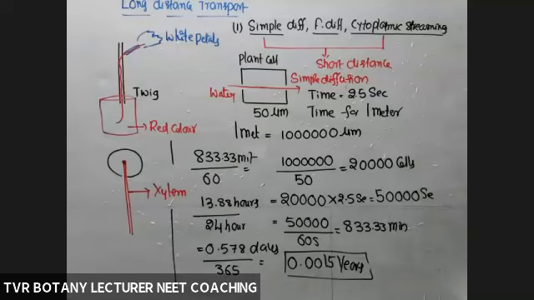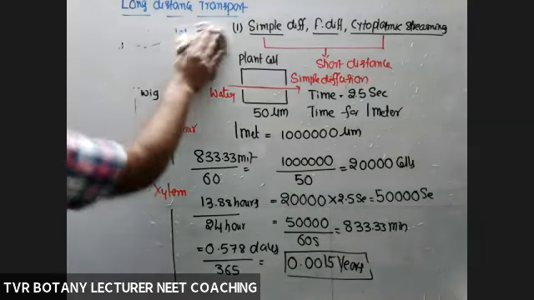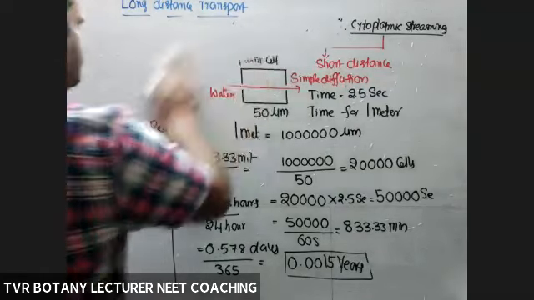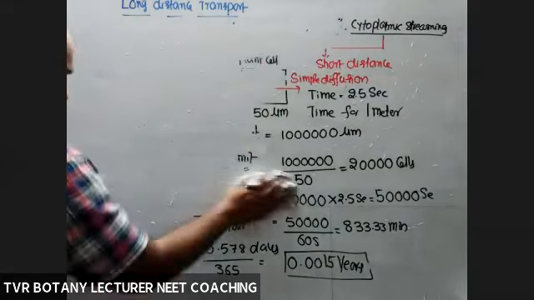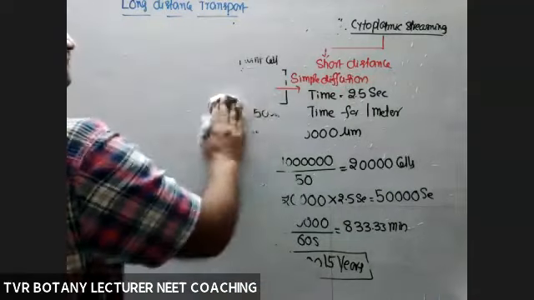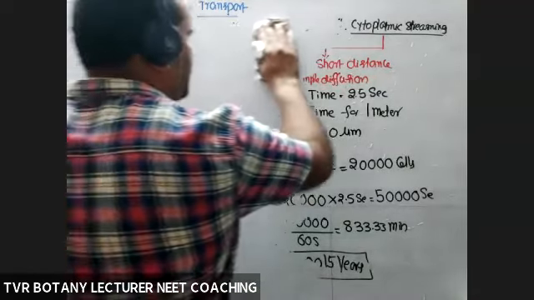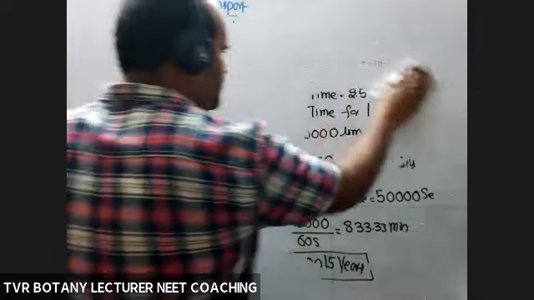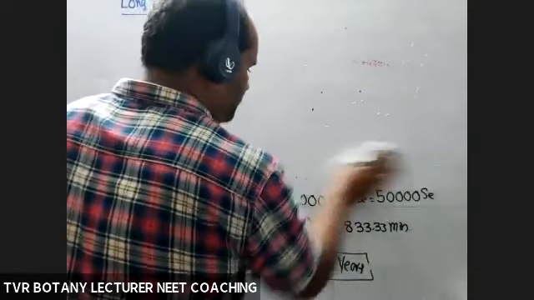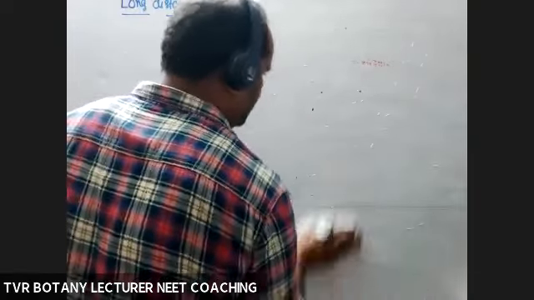Now, what type of mechanism is required? Definitely, it is not active transport. Definitely, it is a passive transport. What is translocation? Transportation of various materials from one location to another location through the vascular tissues.